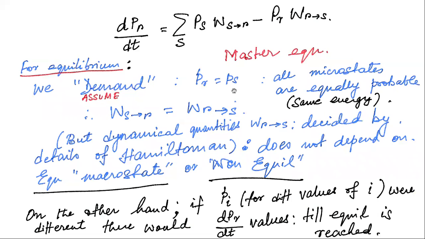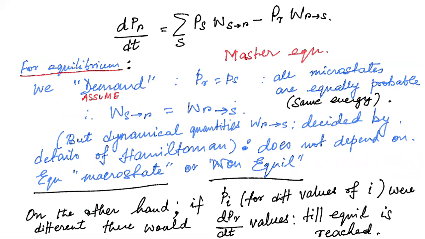Right, so that's what we had assumed in the past, but now we can see that if all these have to be equal, then in equilibrium dPR/dt also is not evolving, because it's in equilibrium. It's not time varying anymore, right? It has reached equilibrium. It continues to be in equilibrium. Entropy is maximized.